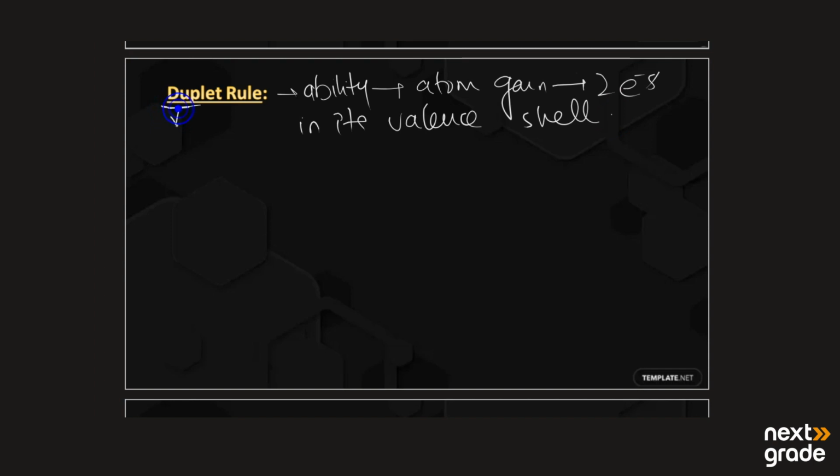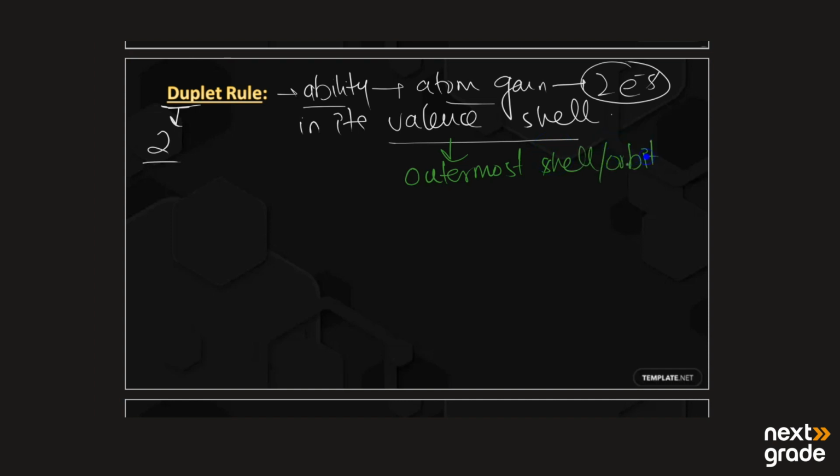Duplet means two. Now what does valence shell mean? The valence shell is the outermost shell, or we can say the outermost orbit of the atom.